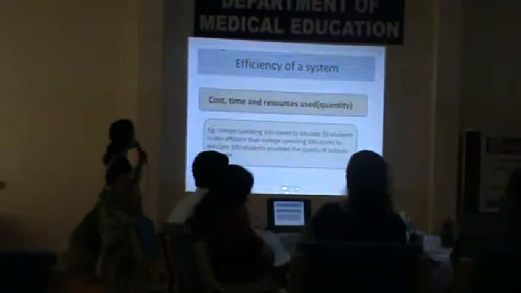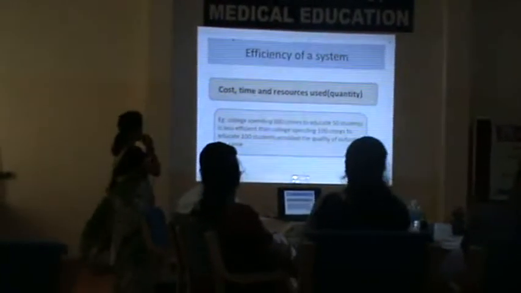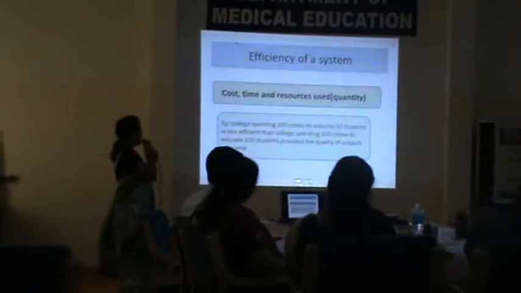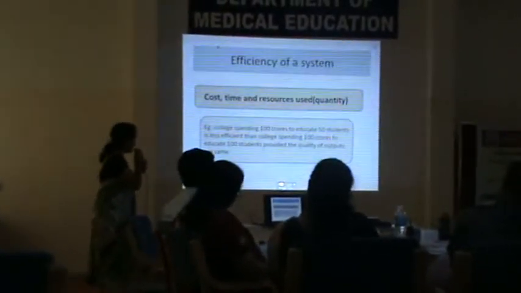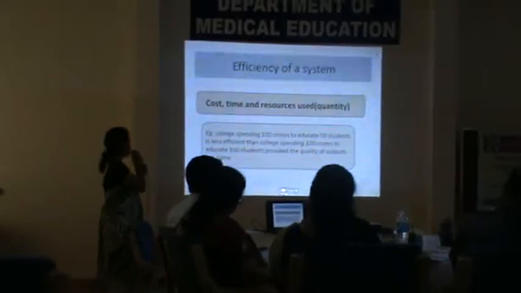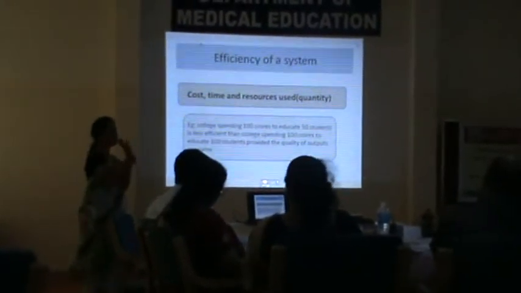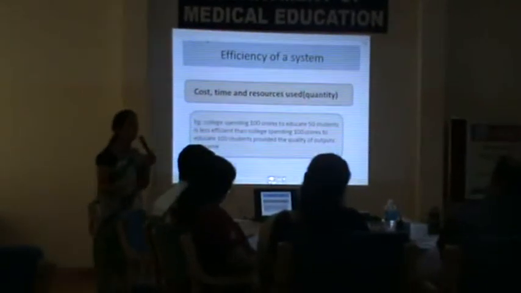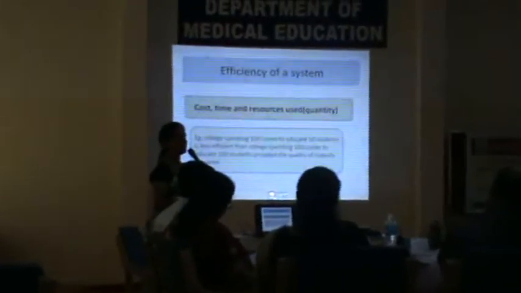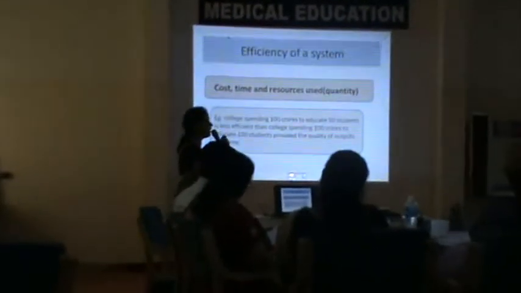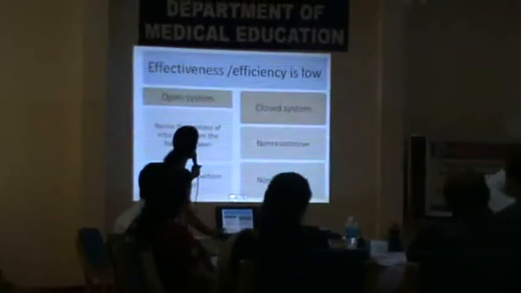Somebody, a college, spends 100 crores to educate 50 students, and another college spends 100 crores to educate 100 students. When we look at the quality of output, both are the same. So which is working more efficiently? The second one, where 100 crores is spent to educate 100 students. This is how we look at the efficiency of the system.